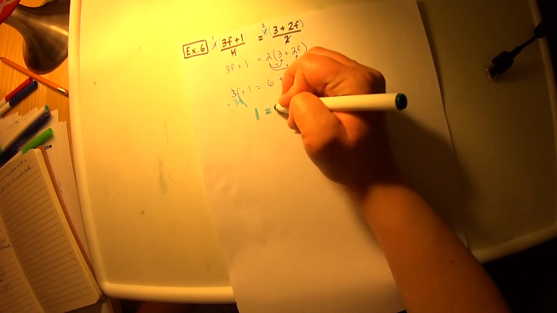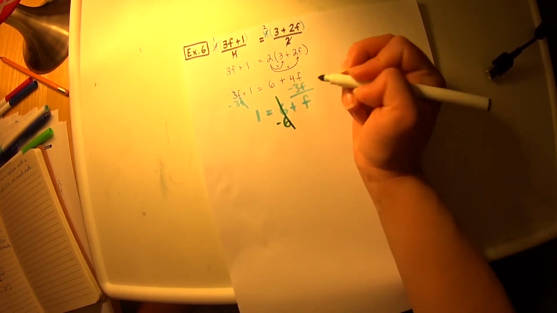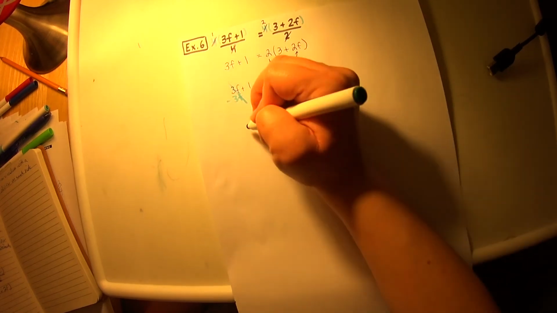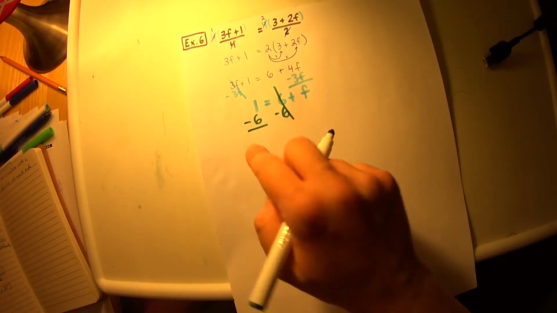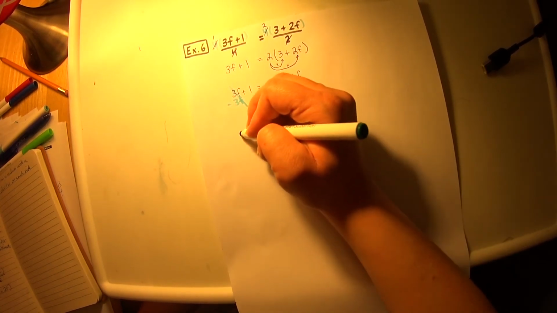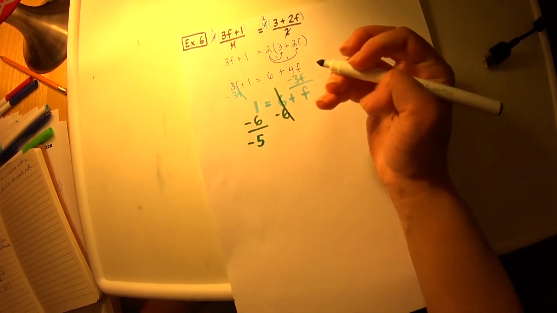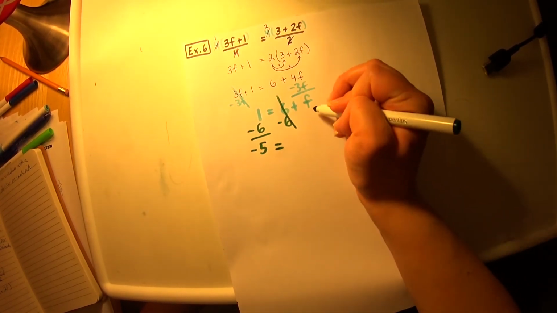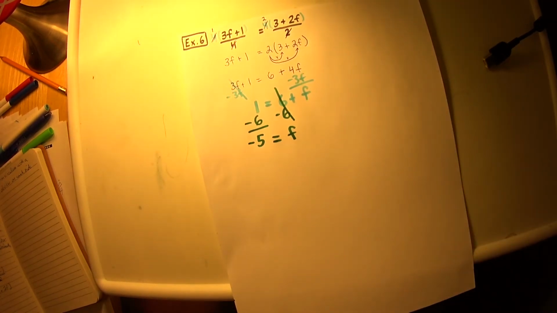The opposite of positive 6 would be subtract 6. 6 minus 6 is 0, so that's gone. But of course I have to also subtract 6 from the other side. 1 minus 6 is the same thing as 1 plus a negative 6, so negative wins by 5. On the right side of my equation, all that's left is f. So that's it. I'm done.